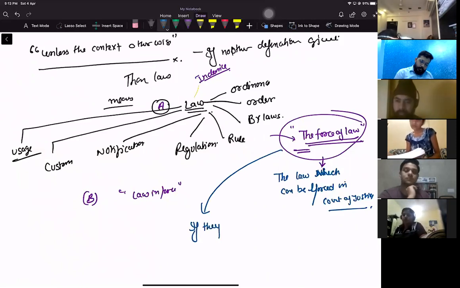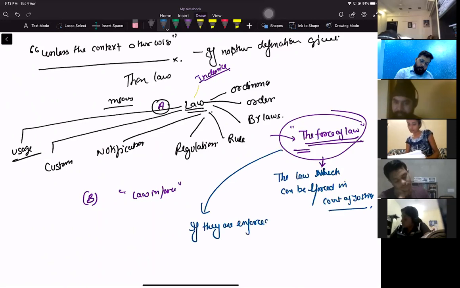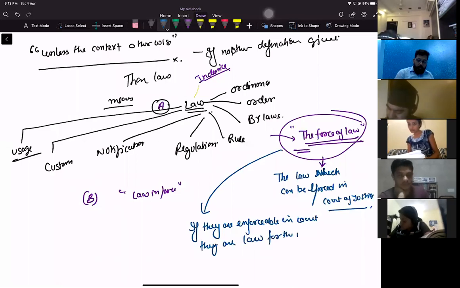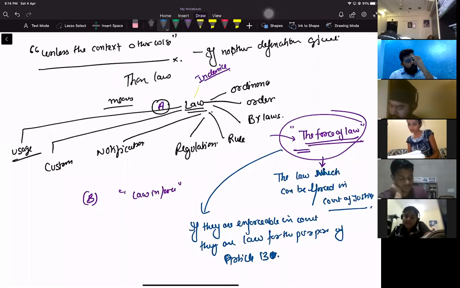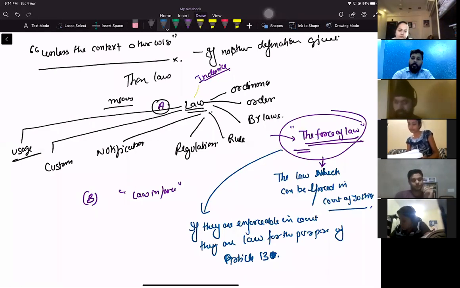If they are enforceable in court, they are law for the purpose of Article 13. So the use of force of law is so that any executive order or any administrative order which can be enforceable in the court of law can be considered as a law for the purpose of Article 13, and it can be checked upon the litmus test of constitutional part 3.